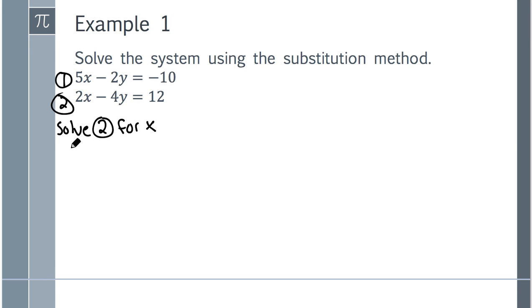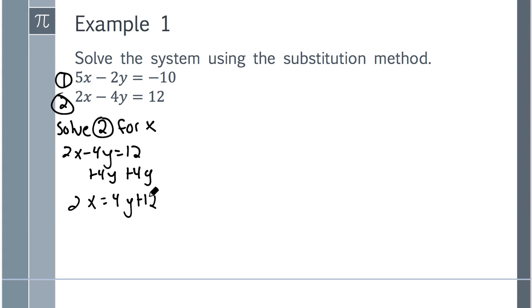Writing equation number 2, I have 2x minus 4y equals 12. I'm going to add 4y to both sides, because remember I'm solving for x now, and I have 2x equals 4y plus 12. I'm going to divide everything by 2, and I'm going to get x equals 2y plus 6.